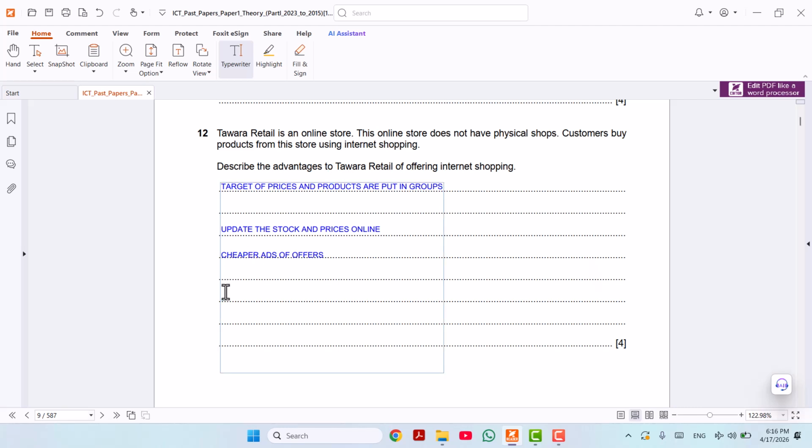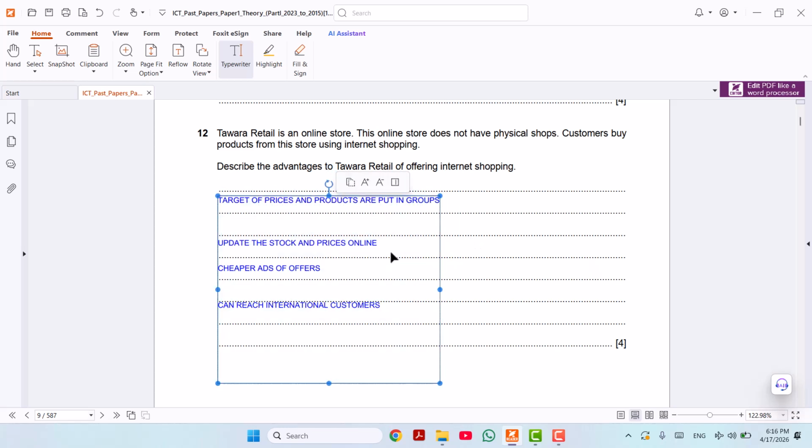And also here the one can reach international customers. Okay, this is some positive of the online shopping rather than the physical shopping.